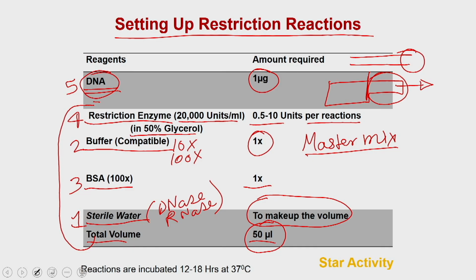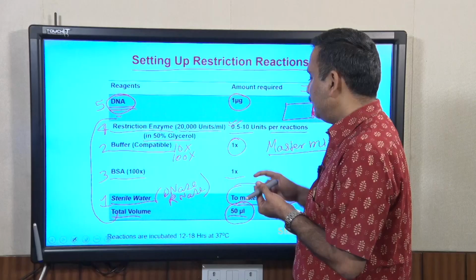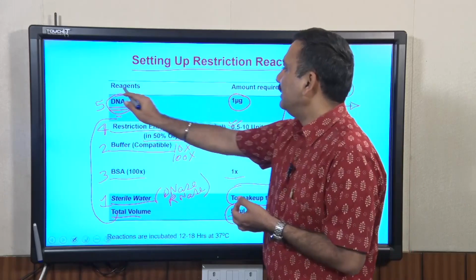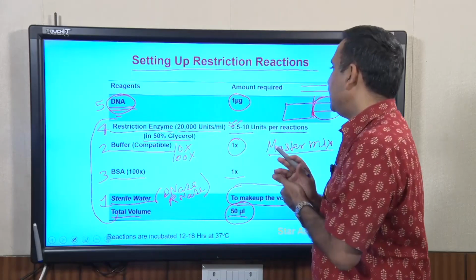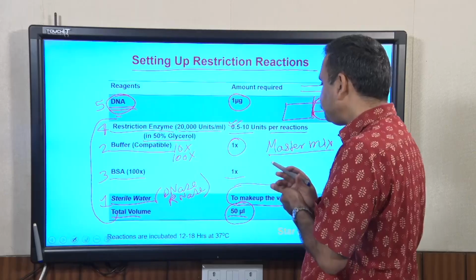Because many times adding 10 units or 0.5 unit of this restriction enzyme is very difficult, because you cannot dispense 0.2 or 0.5 microliter, and in those cases people make a master mix of 10 reactions, 20 reactions, and then they dispense it and add the different DNA to set up the restriction reactions.